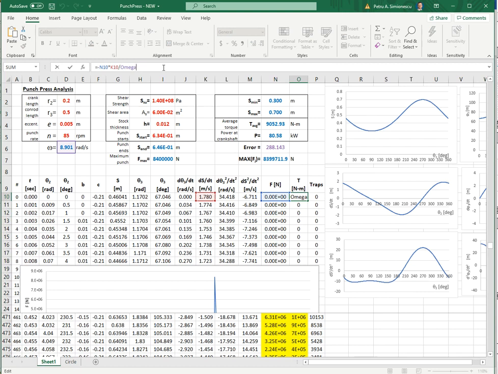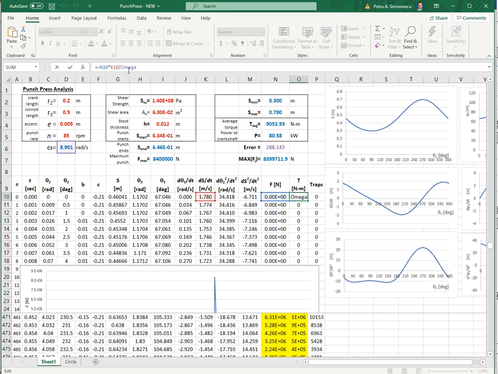The torque, I said, is just principle of virtual work. So torque is going to be force times ds over d theta, and it comes out to be also equal to, so virtual work, also virtual power.